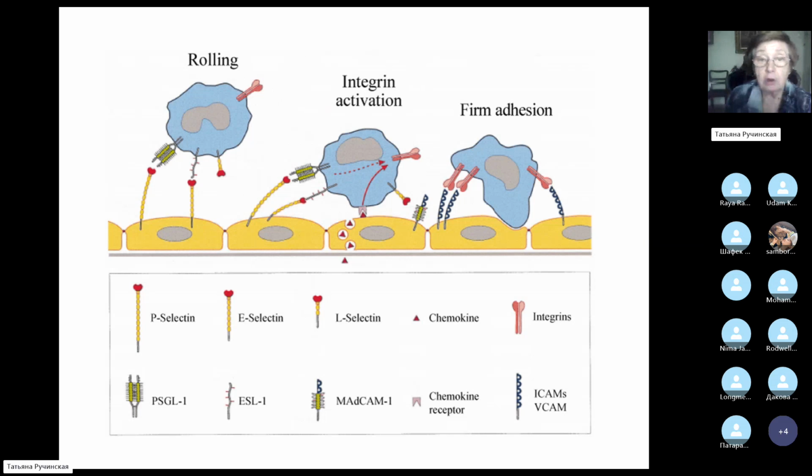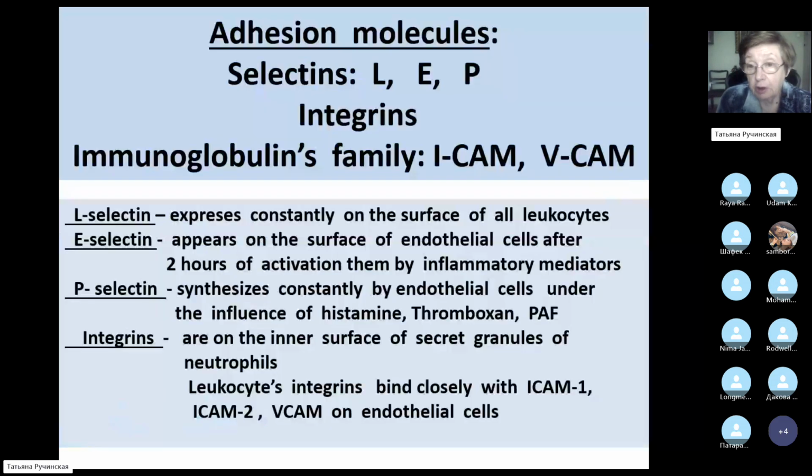There are 3 families of adhesion molecules. The first is selectins, next integrins, and the immunoglobulin family. I told you ICAM and VCAM.